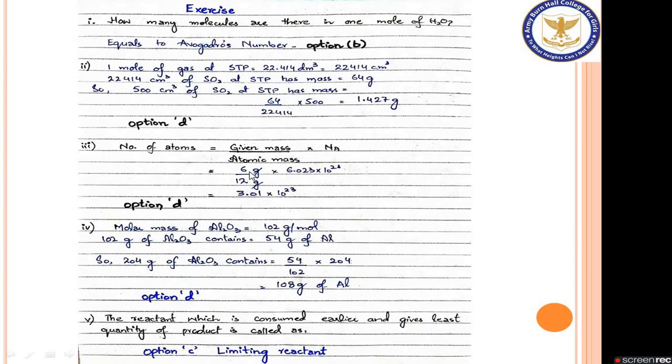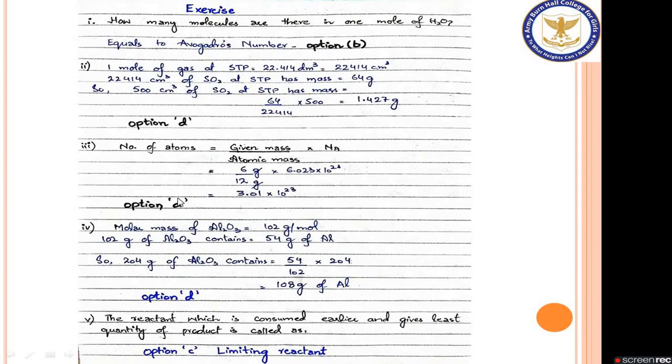Mass is given to us as 6 grams, and as we know, diamond is an allotrope of carbon. So 12 gram is the atomic mass of carbon. 6 gram divided by 12 gram multiplied by Avogadro's number. After solving this, the value we will get is 3.01 into 10 raised to power 23. So option D will be the correct option.